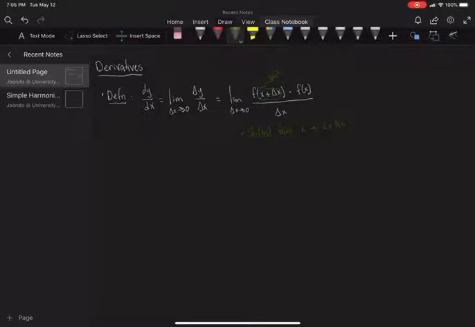So this here is infinitely small. And then we subtract the original function from the shifted function. So f of x plus delta x is the shifted function, minus the original function.